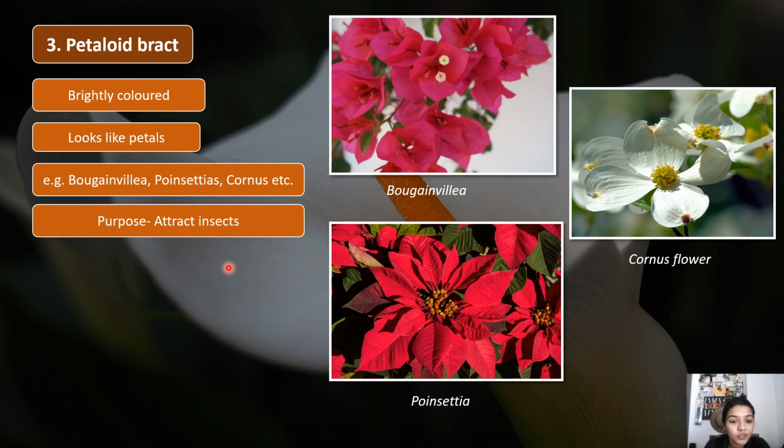And for these reasons, it is important that they have some structures that can attract insects so that pollination can take place, right? And for that purpose, these plants have very large, bright, attractive bracts so that the insects get attracted to the plant, and the purpose of pollination can be fulfilled, right?